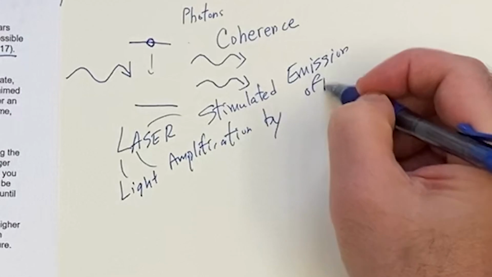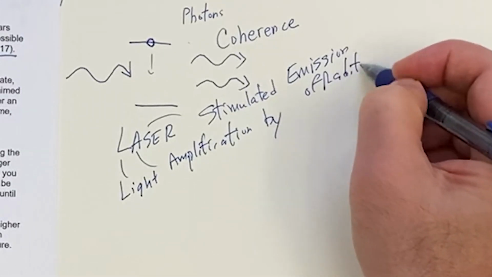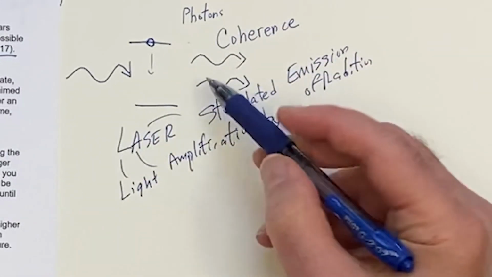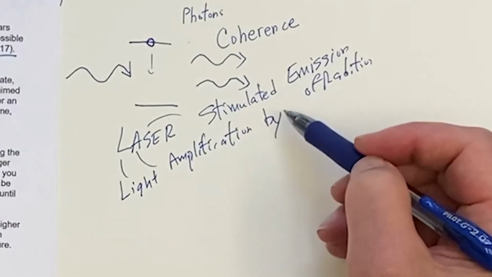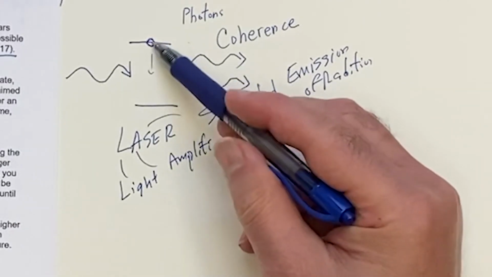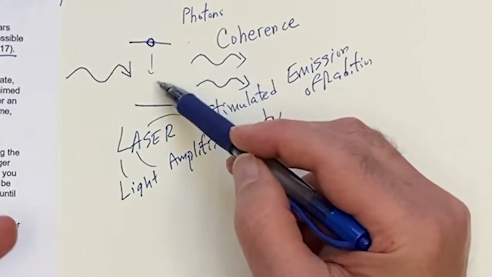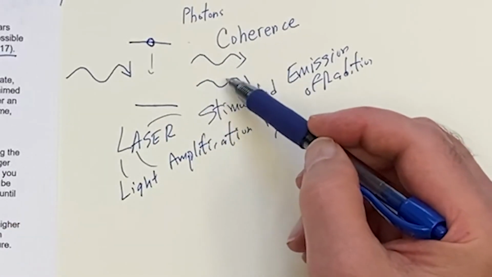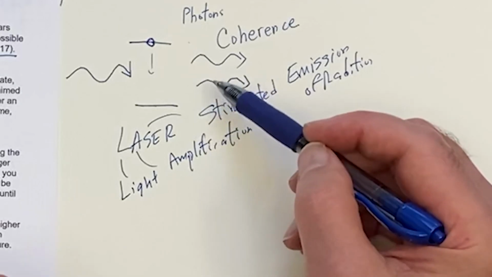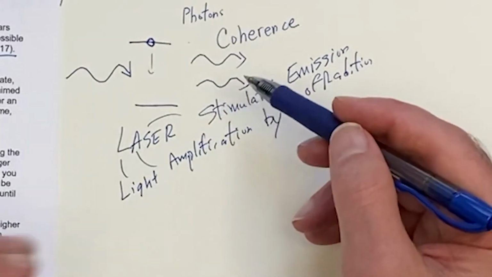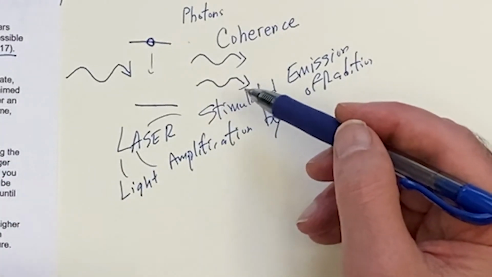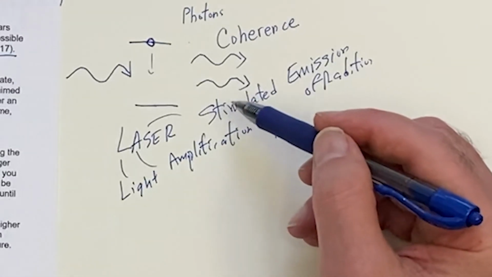So in other words, by yanking down these electrons, you're stimulating the emission of the radiation, because when an electron goes from the higher to lower, it's going to shake off a photon, and that's going to then be with the other photon together, and then a cascade. It'd be like a chain reaction kind of effect.